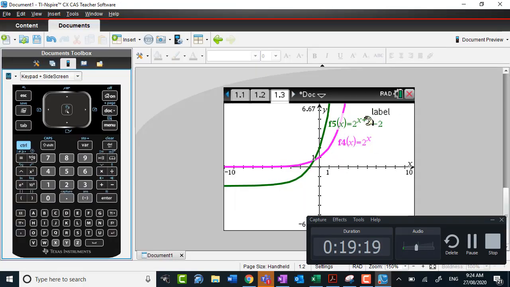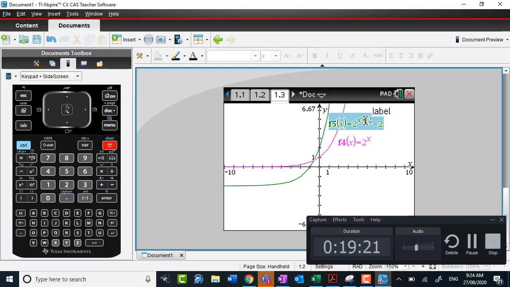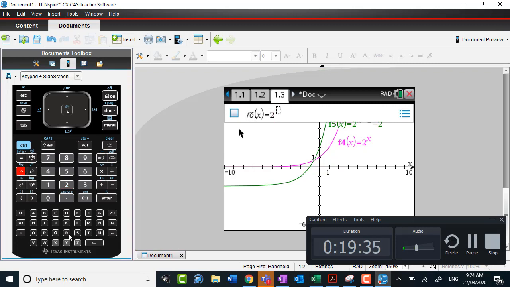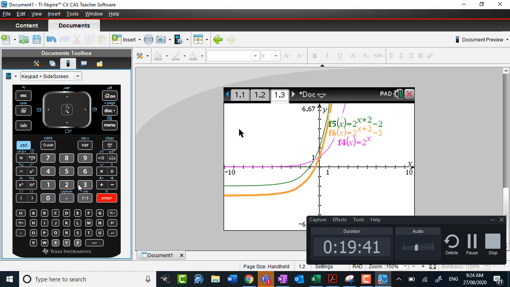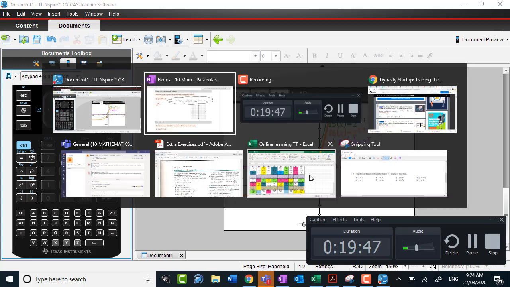So let me just try that again. 2 to the power of x plus 2, and then it was minus 3, not minus 2. Okay, so it's moved everything to the left 2, and it's also moved it down 3. So that's what it's going to look like.